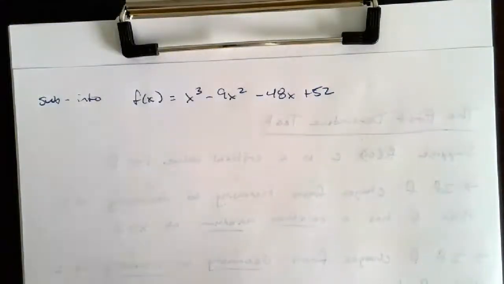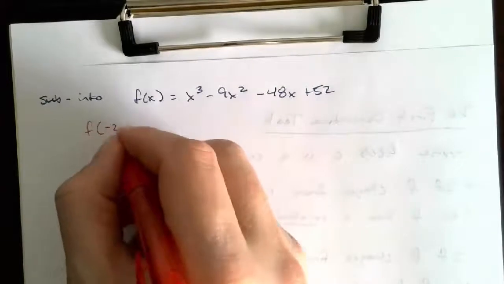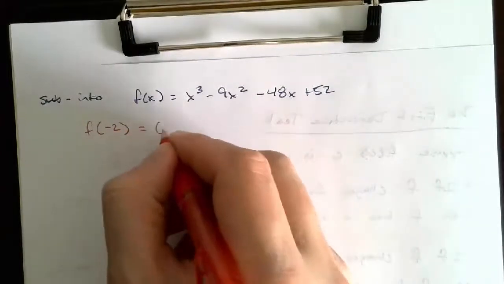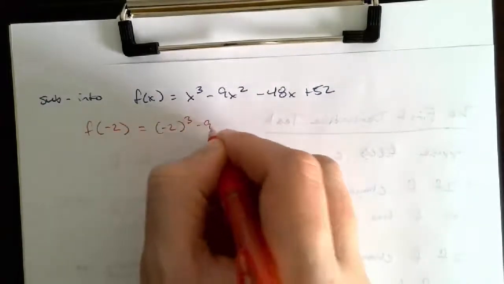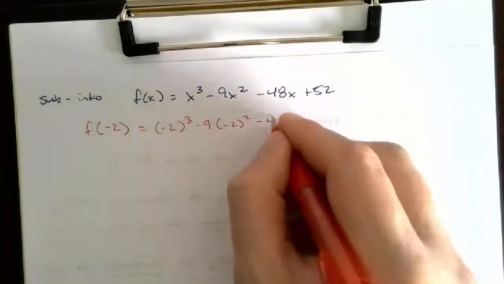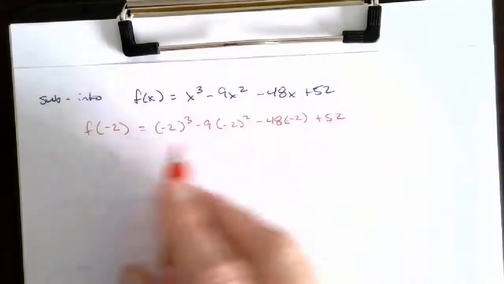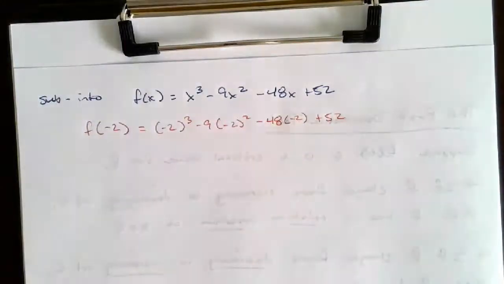You want to substitute each of them individually. So f of negative 2 would be negative 2 cubed minus 9 times negative 2 squared minus 48 times negative 2 plus 52. Make sure you're subbing into f of x now, because we're looking at the original function and trying to find the y values there.